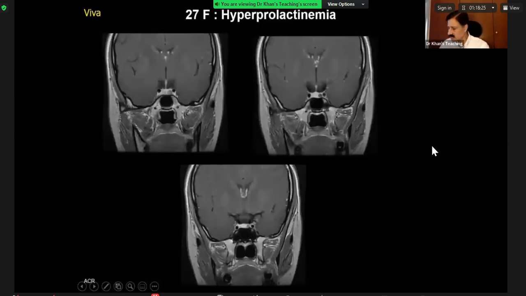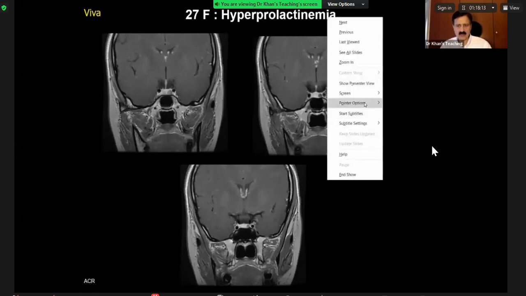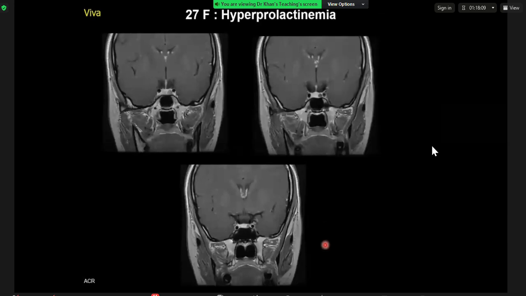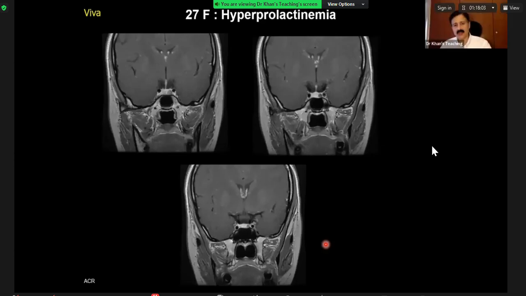Okay, candidate 5. This is a post-contrast scan through the pituitary. The patient had hyperprolactinemia. What are your findings? So I can see the top first image, it's a FLAIR. Excuse me, this is not FLAIR. All of them are post-contrast T1 coronals.